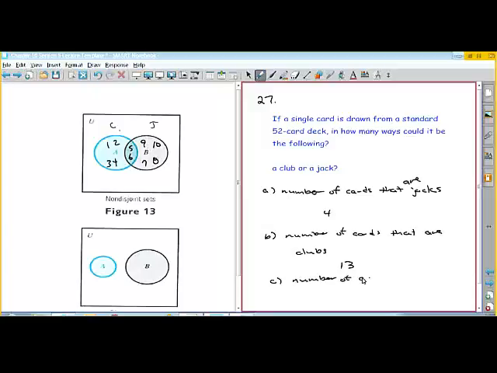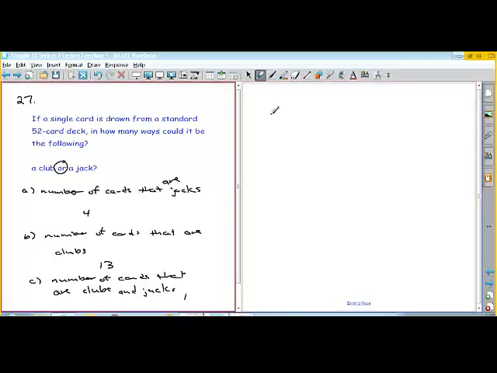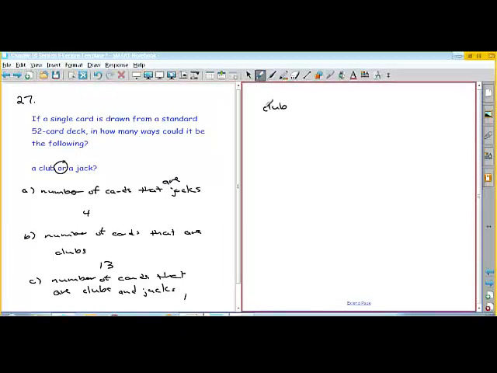We also need to ask the question, number of cards that are clubs and jacks. How many jack of clubs do we have? 1. So to answer the question, how many ways can you have a club or a jack?